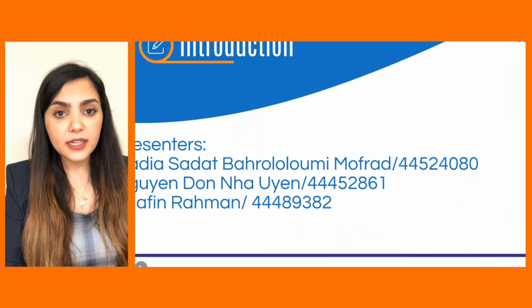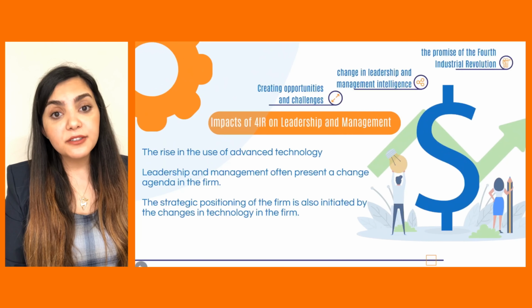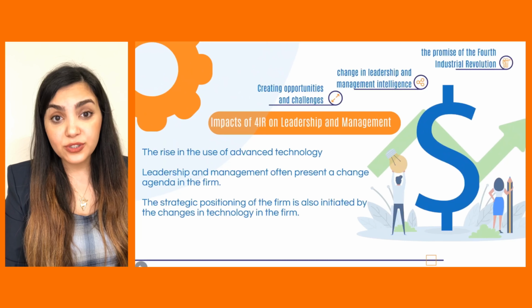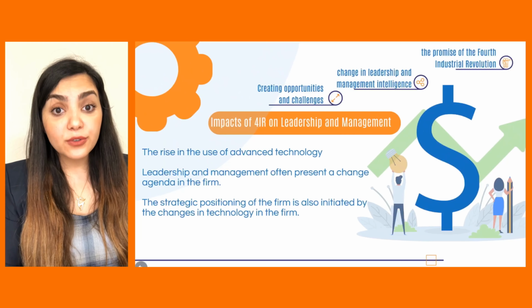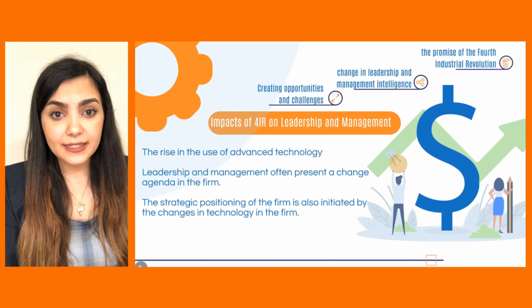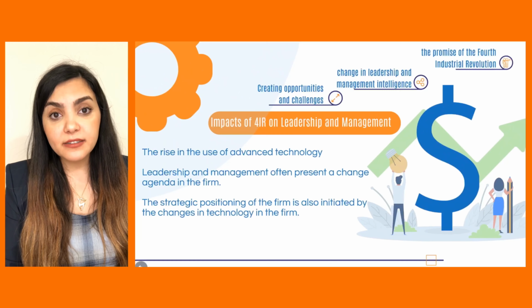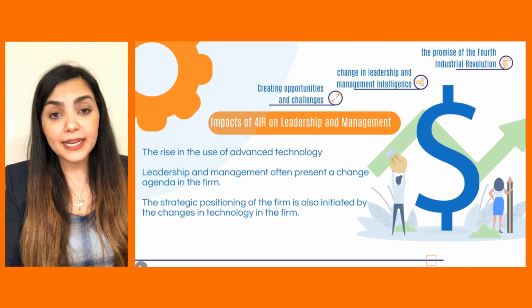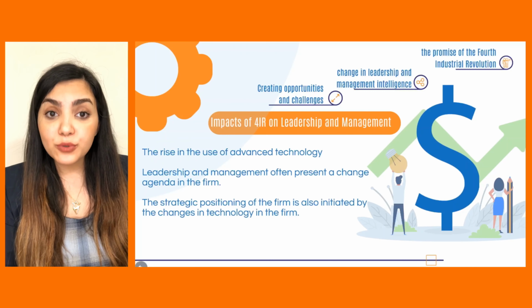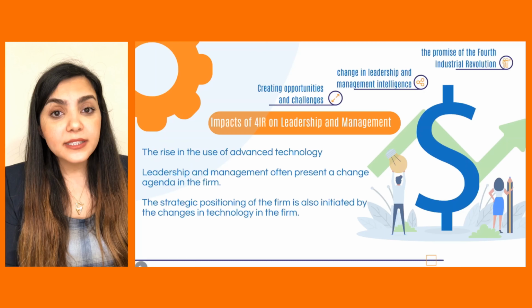The Fourth Industrial Revolution has had several effects on leadership and management approaches in different firms in the contemporary world. The rise in the use of advanced technology has initiated faster delivery of services, making the leadership and management of different firms adapt strategies and approaches aimed at achieving value in the operations in the firm.